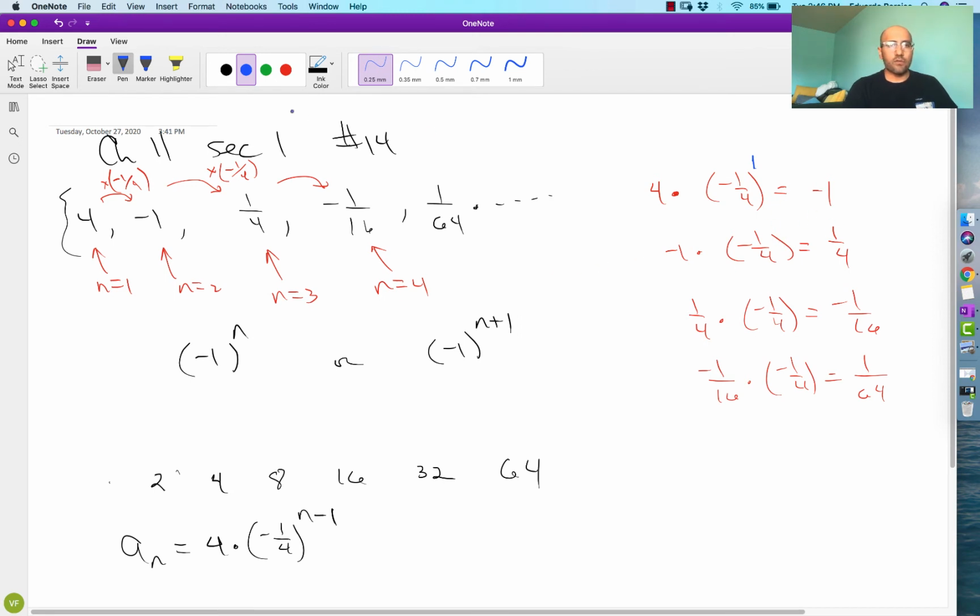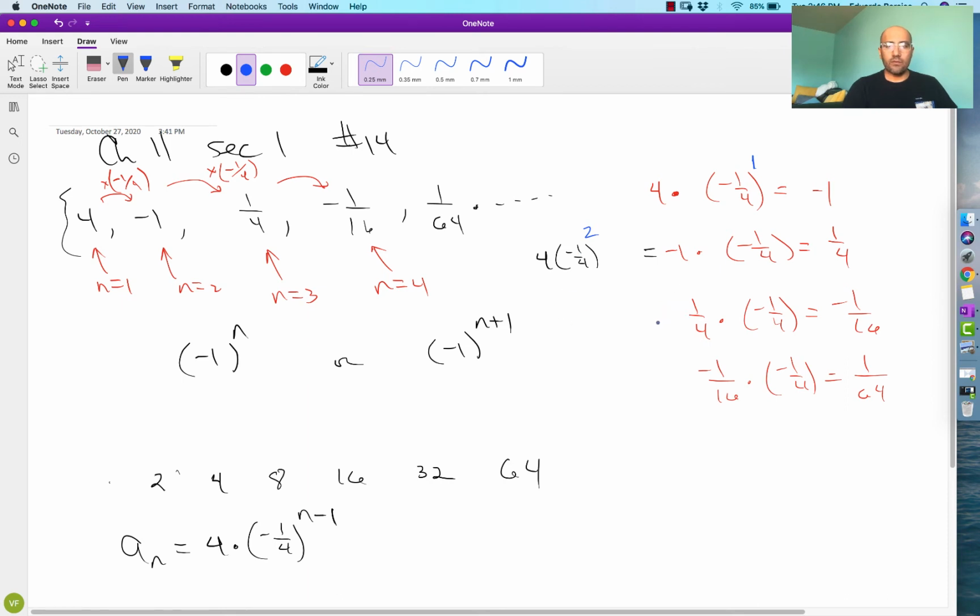But also notice that this is the same thing as 4 times negative 1/4 to the power of 1, and that's going to be 1/4.